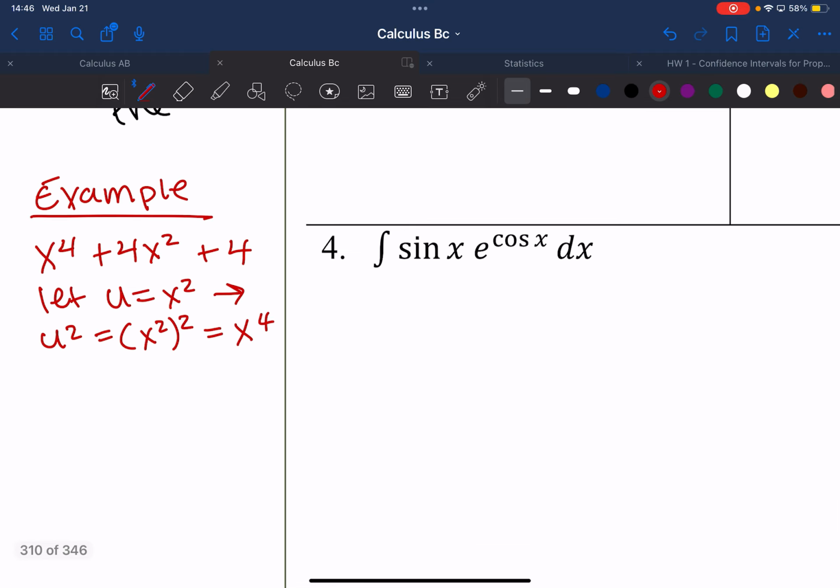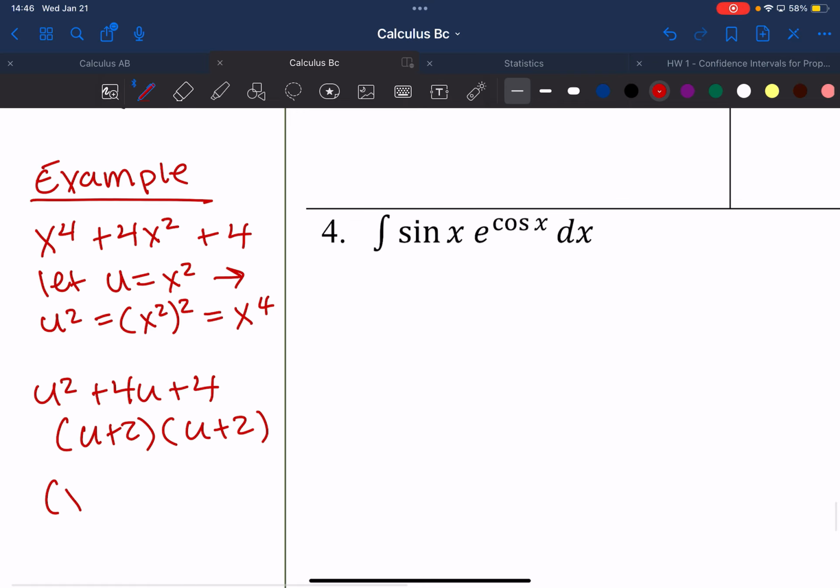So that means instead of writing this in terms of x, we were able to write it in terms of U. So this is now U squared plus 4U plus 4, which is now a quadratic that we all know how to factor. And this is U plus 2, U plus 2. Once you're able to factor this, you plug back in your U, which is x squared, and we get our answer of x squared plus 2 times x squared plus 2.